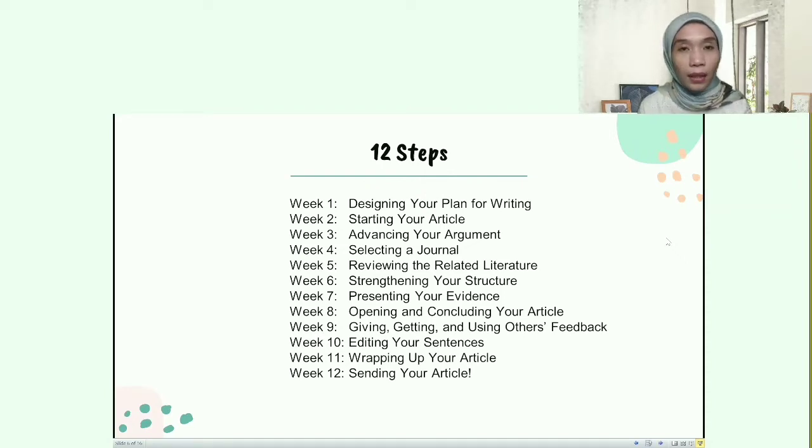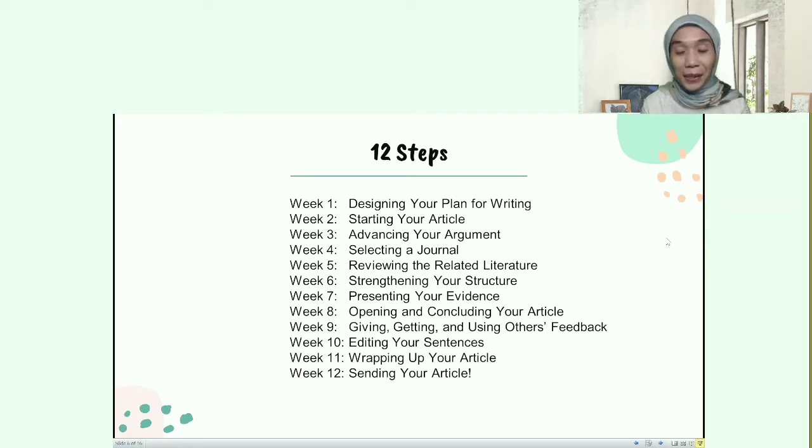The 12 weeks: the first one, designing your plan for writing, and then starting your article, advancing your argument, selecting a journal, reviewing the related literature, strengthening your structure, presenting your evidence, opening and concluding your article, giving and getting and using others' feedback, editing your sentences, wrapping up your article, and finally sending your article.